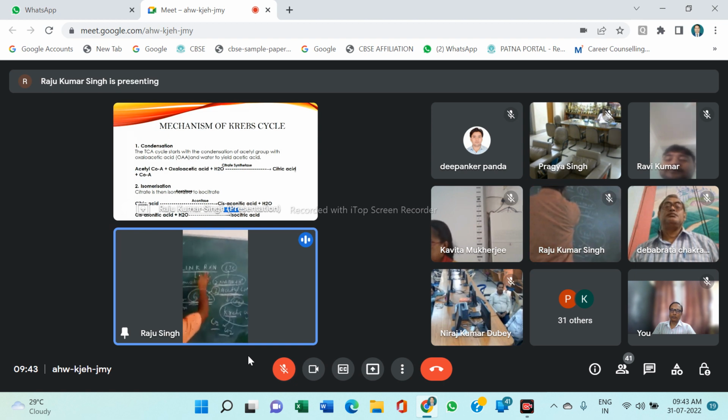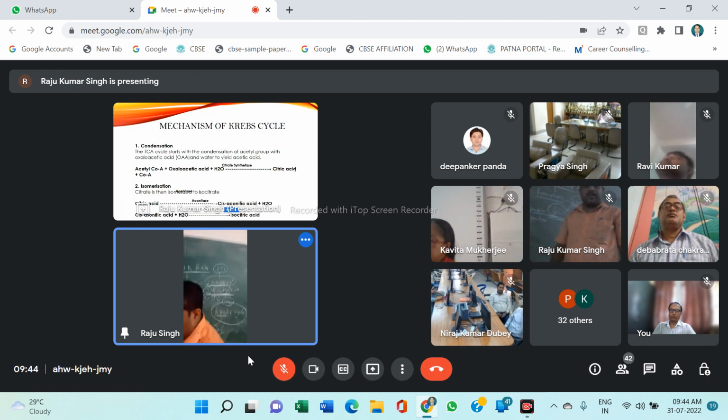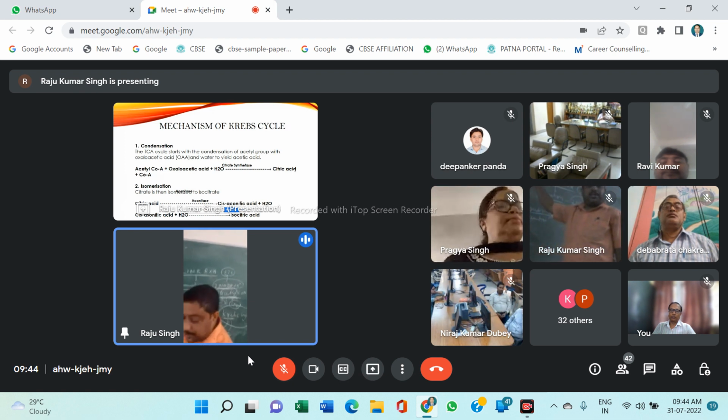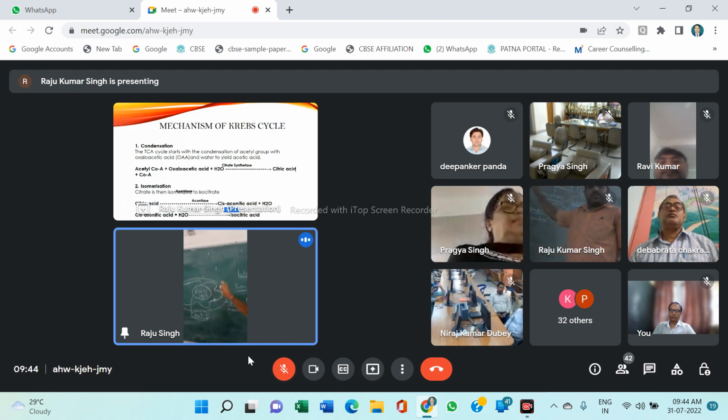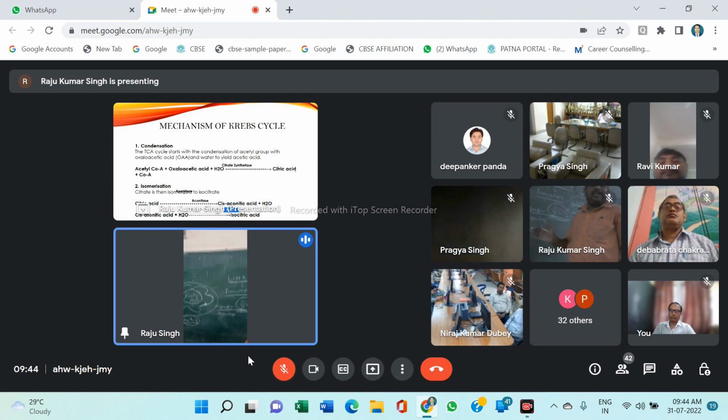The pyruvic acid was a 3 carbon molecule, but the acetyl which is being formed, acetyl CoA, is a 2 carbon molecule. Why is it 2 carbon? Because the pyruvate was 3 carbon, and it is undergoing decarboxylation, so there is release of 1 CO2 and 1 carbon is lesser. So that's why the acetyl group has only 2 carbon atoms.